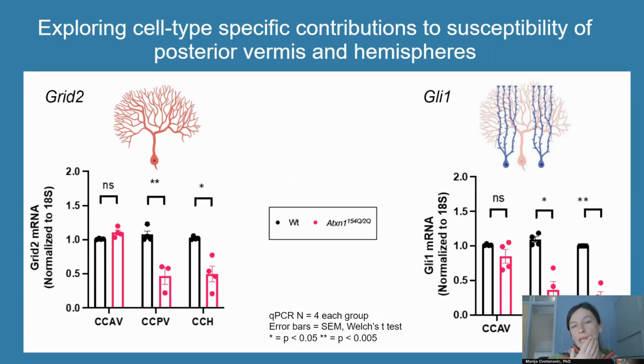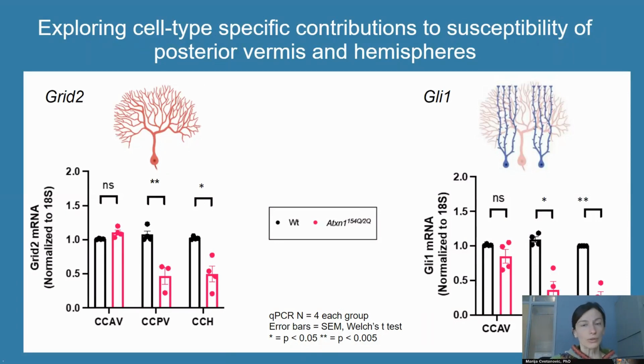So the next step is to look at the cell type specificity and how changes occur in each of these cells that I mentioned to you. We have Purkinje neurons that are mostly affected. Then we also have Bergmann glia that I told you are also affected, and we do not know which one causes what. So we wanted to look at specific genes which we know are really important for the function of these cells.